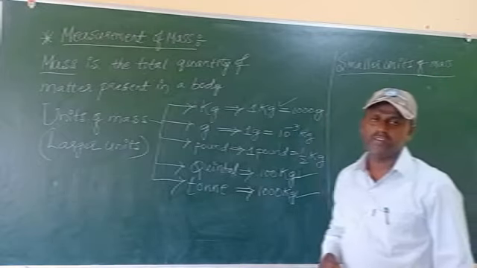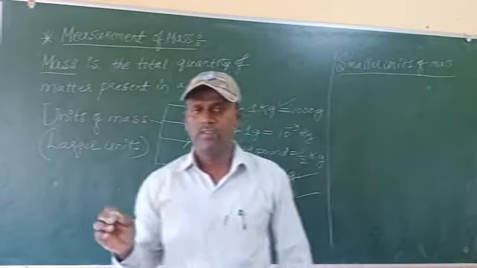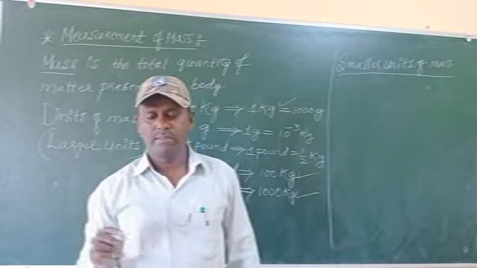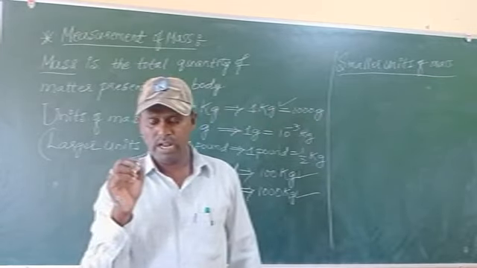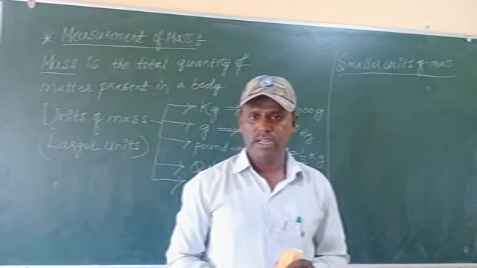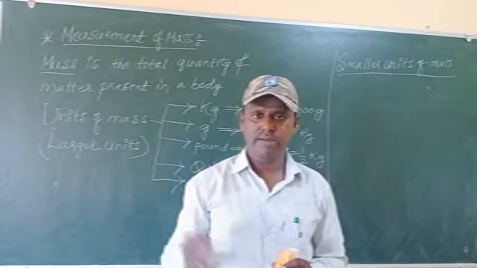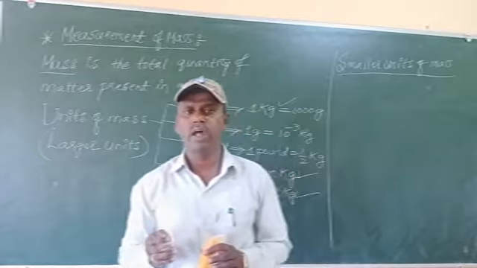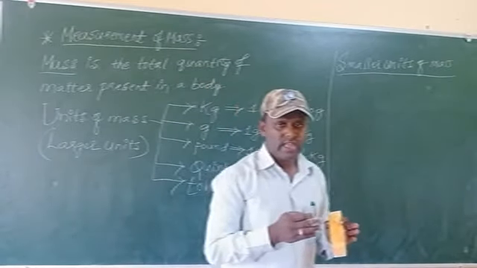See, smaller units of mass means mass of an electron, proton, neutron. These are the particles which are present in an atom. These are invisible to our eyes. You cannot see an electron.